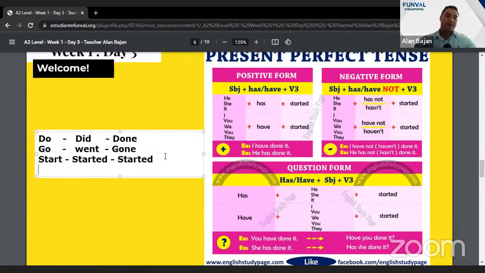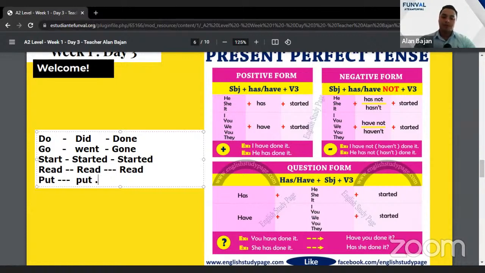Sometimes we have some irregular verbs which have the same conjugation in the same columns. For example, read, read, read is the same. Put, put, put.